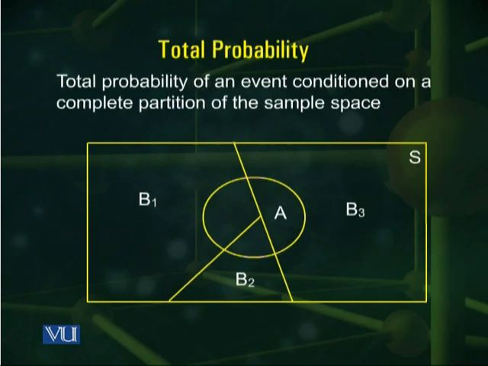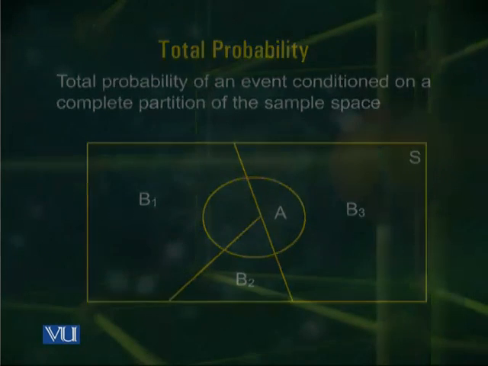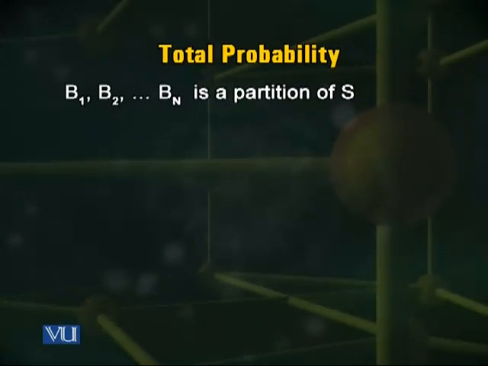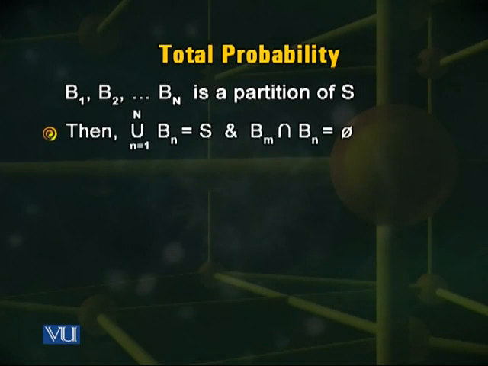If the partition is formed by a few sections of the sample space called B1, B2, B3 up to Bn, then the union of all these Bi's is equal to S, and no two Bi and Bj have any common element. If that's the case, then the probability of A is the same as the probability of A intersection with S, the sample space, because when you intersect A with the sample space, you get your A back.